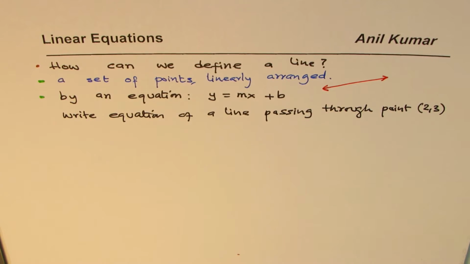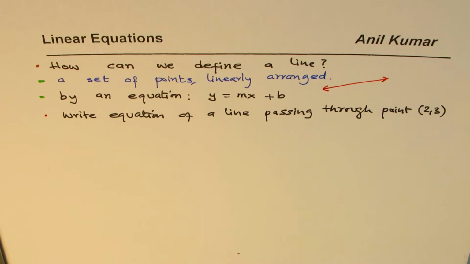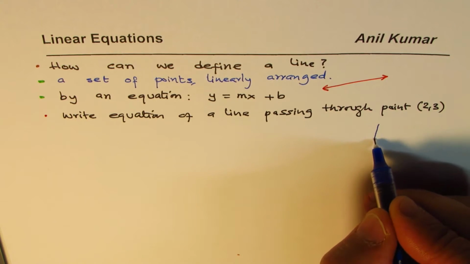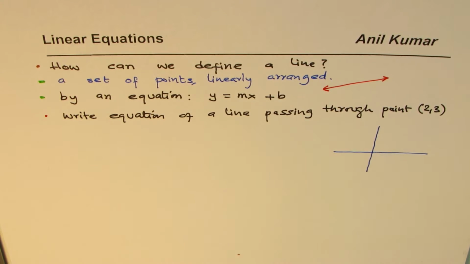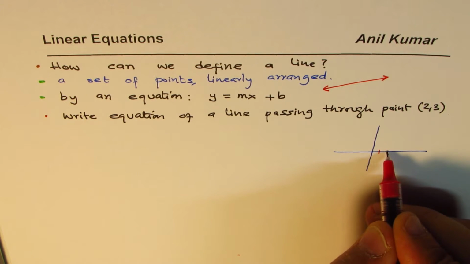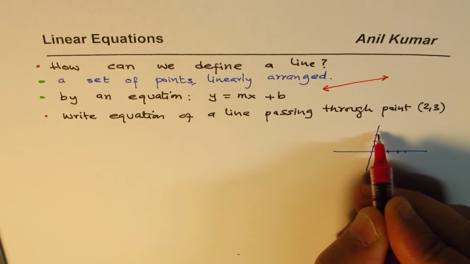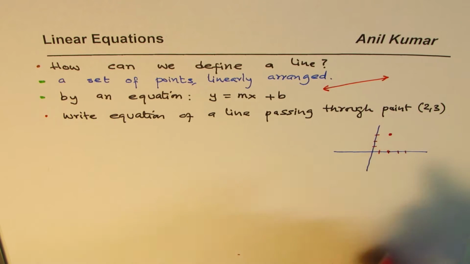Okay. Now the question is, write equation of a line passing through point 2, 3. Well, that is very difficult to answer, since what you notice is that if I'm trying to sketch my lines, and if I have a point 2, 3, let us say this is x-axis, 1, 2, 3, 4, let's just put some scale here. So 2 and 3 will mean this point.